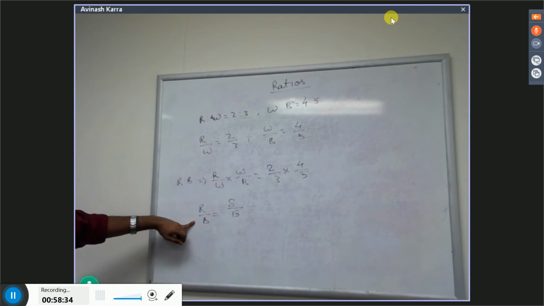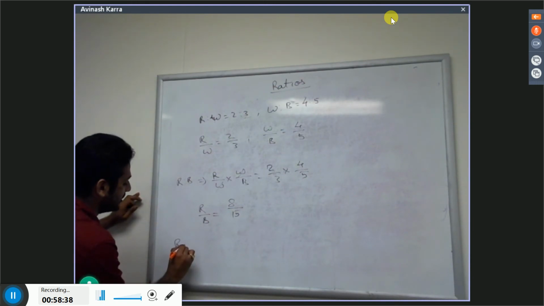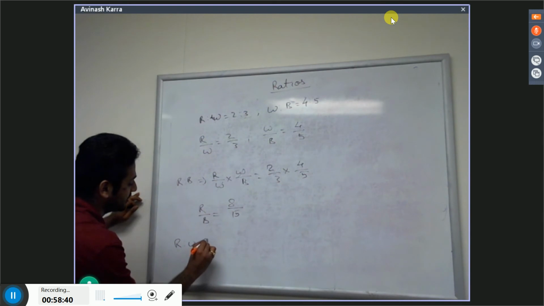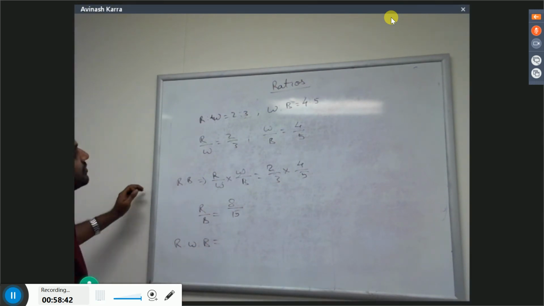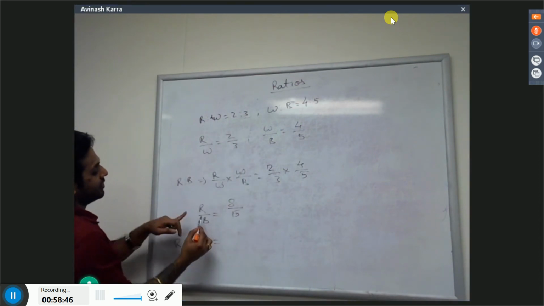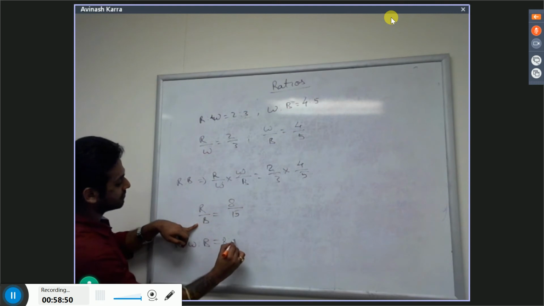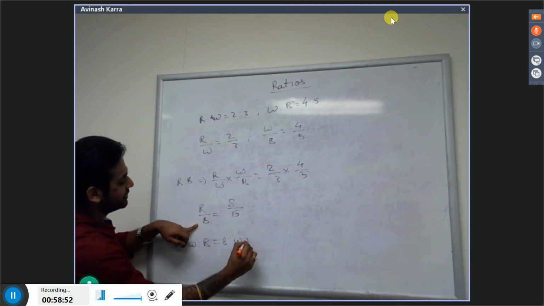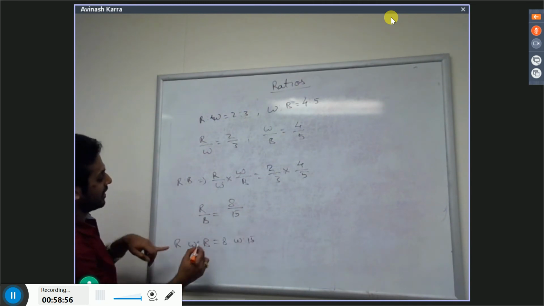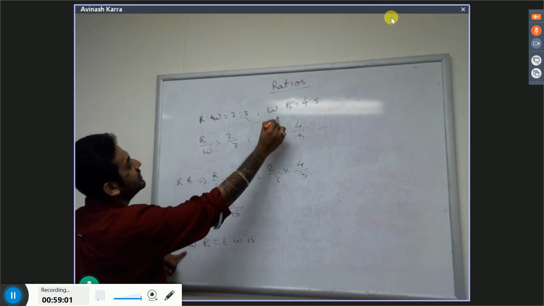See, R is to B is 8 by 15. But what is R is to W is to B? So simple. What is the value of R is to B? 8 is to 15. Place them. Note down W as it is. And B 15.